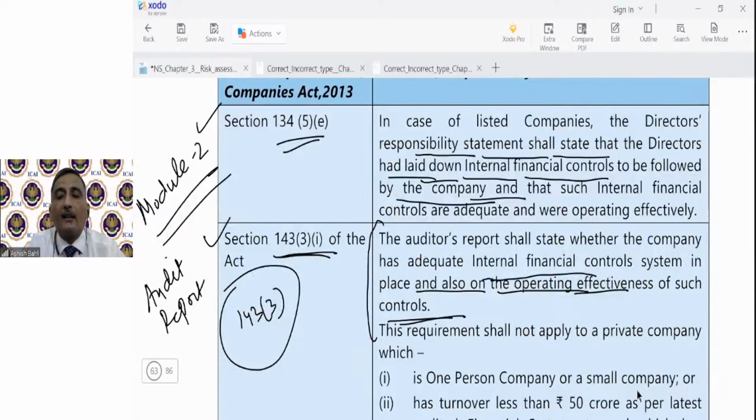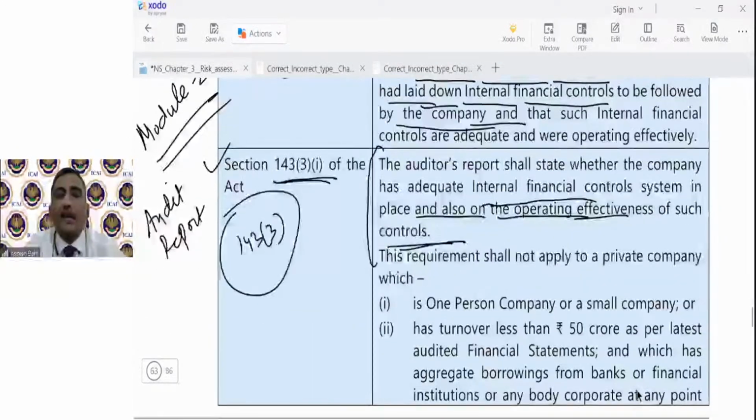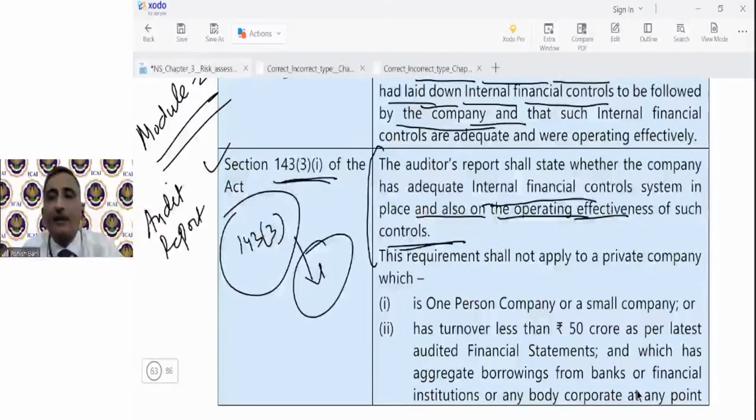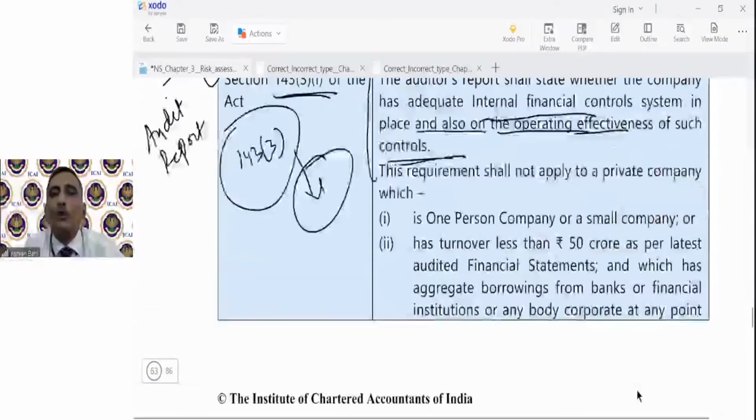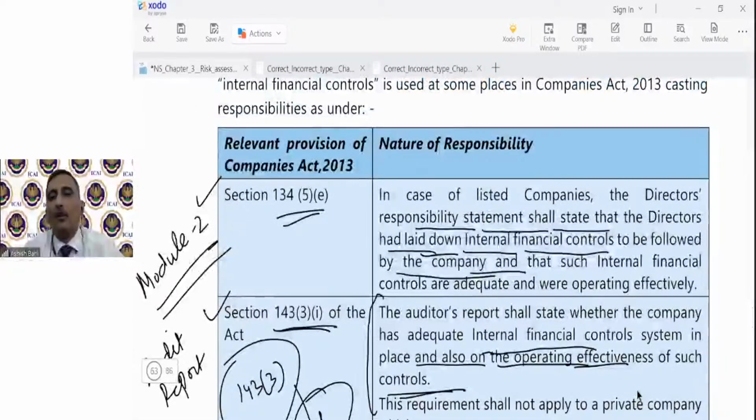Okay, so there are certain thresholds to which this requirement applies. This threshold is there in section 143 subsection 3. So similarly, one or two more requirements are there which you would be reading in company law.